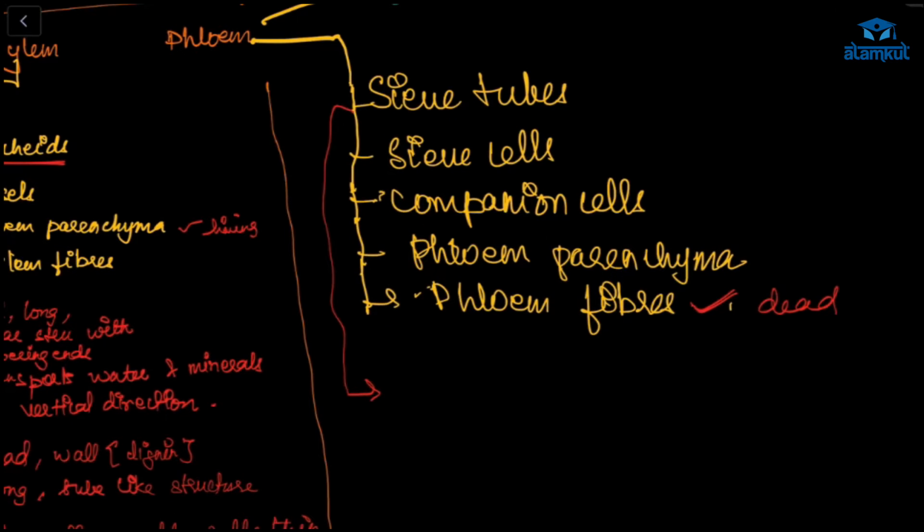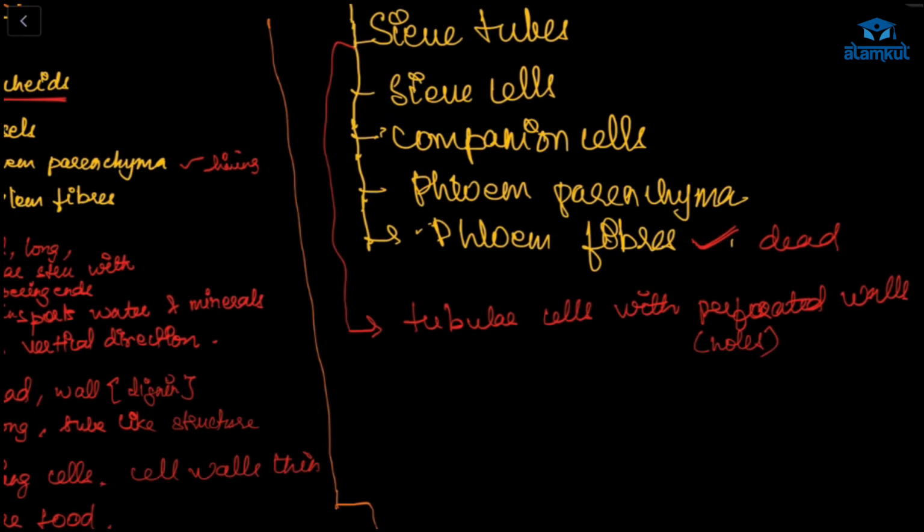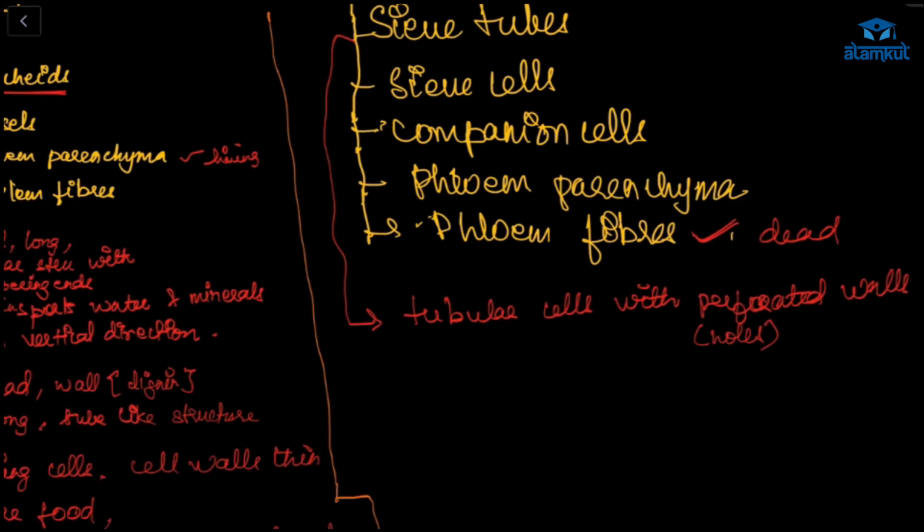Understood? Now these sieve tubes are tubular cells with perforated walls, meaning pierced with holes, and they contain a thin layer of cytoplasm.